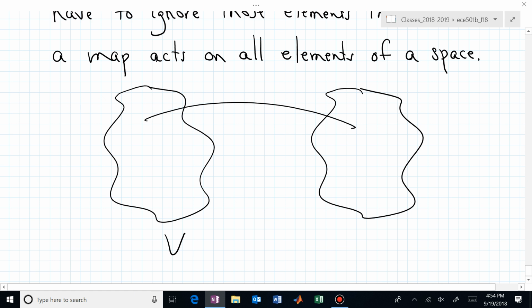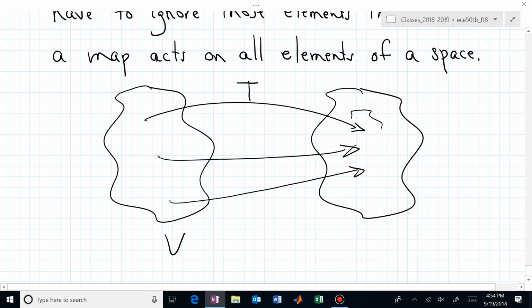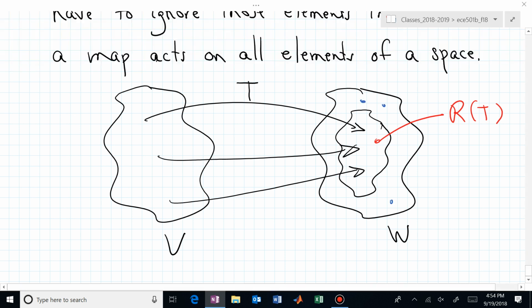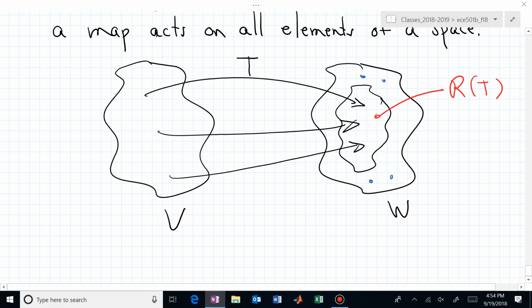Here's V, and we take any point in V and map it through T, and we end up, let's say, there in W. This inner cloud, let's say, is the range of T. We may now have other vectors in W that we didn't get to through T from V. But if S was our inverse map, S would ignore those points, and how would it know?